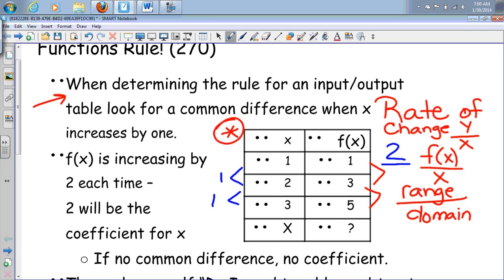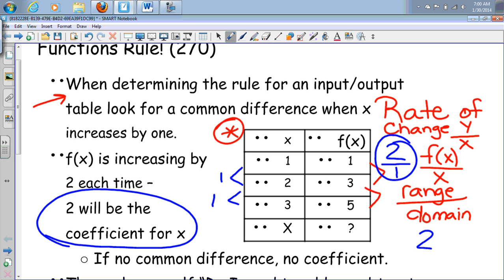So the rate of change in x is 1. Therefore, the rate of change total, if I simplify that, is 2. So f of x is increasing by 2 each time. 2 will become my coefficient for x.